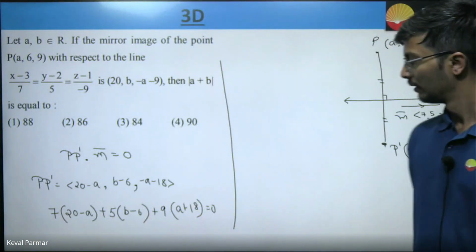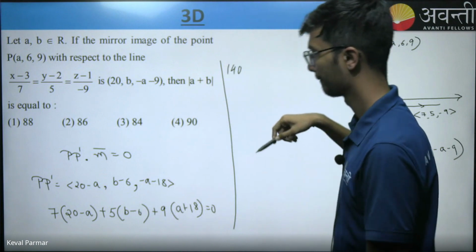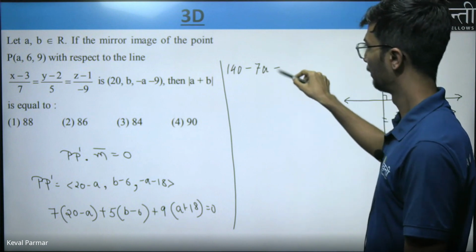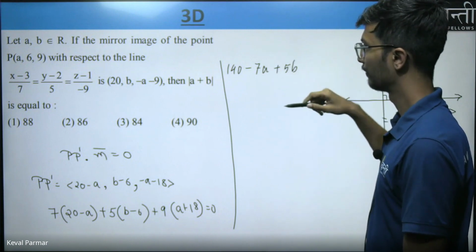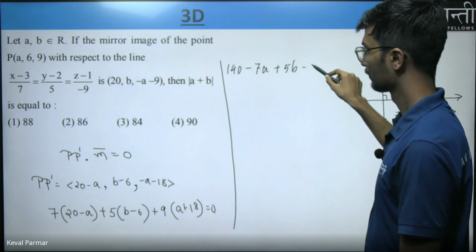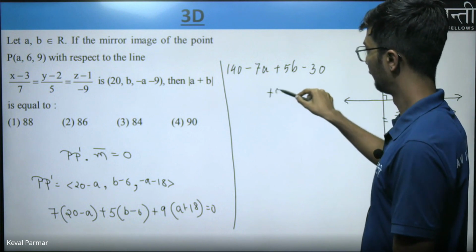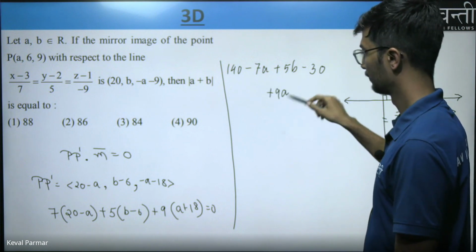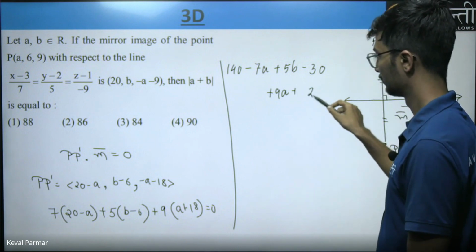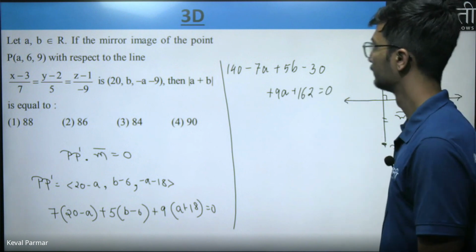So 140 minus 7A plus 5B minus 30 plus 9A plus 18 nines are 162 equals 0.